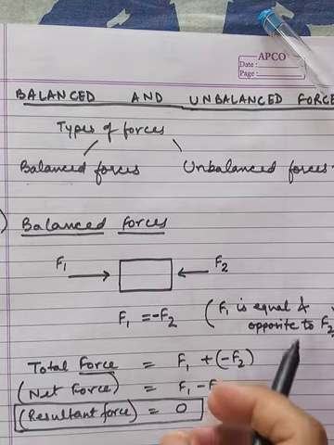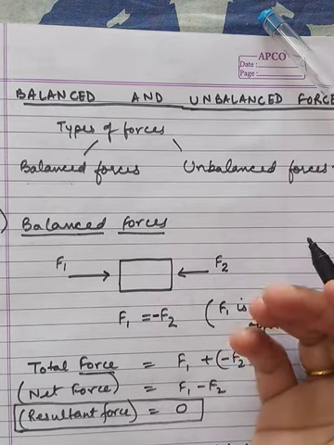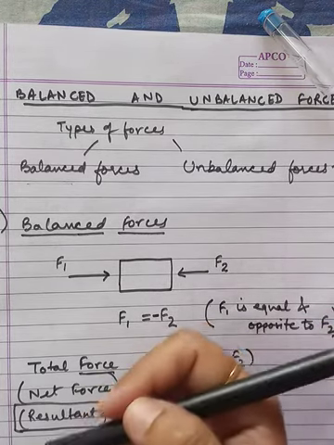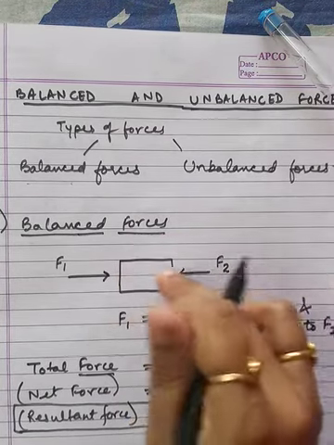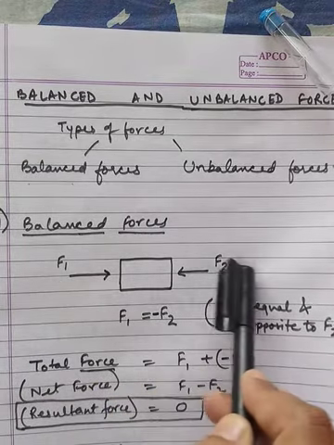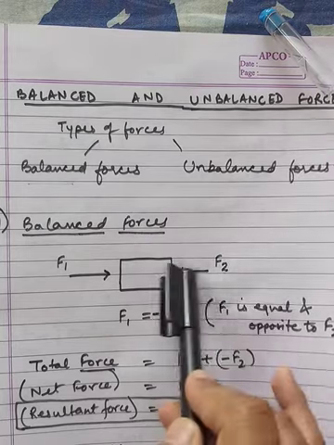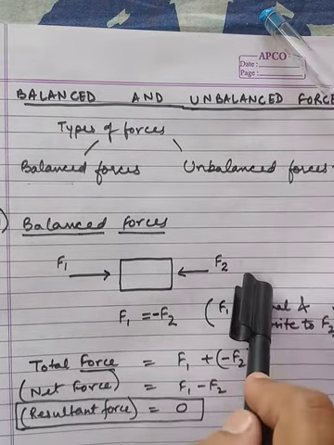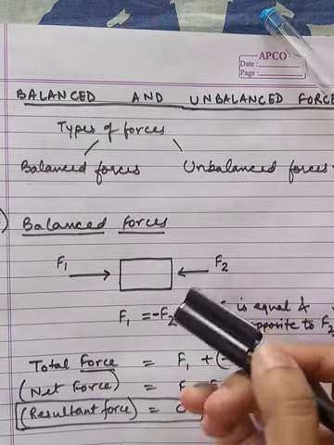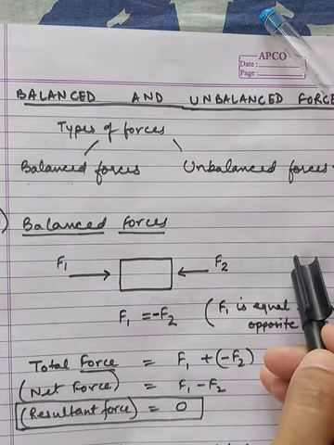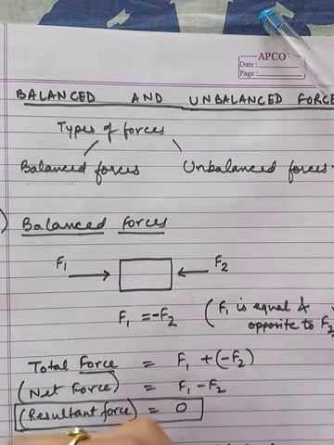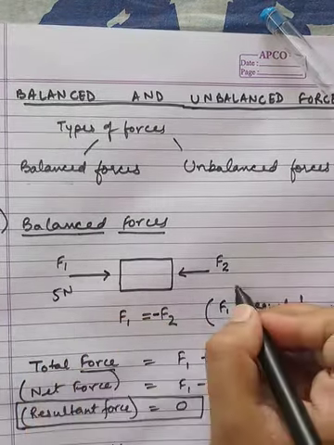Fine. Now the question may come to mind: what will happen if the direction of force is not opposite? If the direction is not opposite, then the direction will be the same as F1. Both F1 and F2 will be in this direction, so the object will move in this direction only, and the total effect will be the addition of both forces. Suppose it is 5 Newton and also 5 Newton.